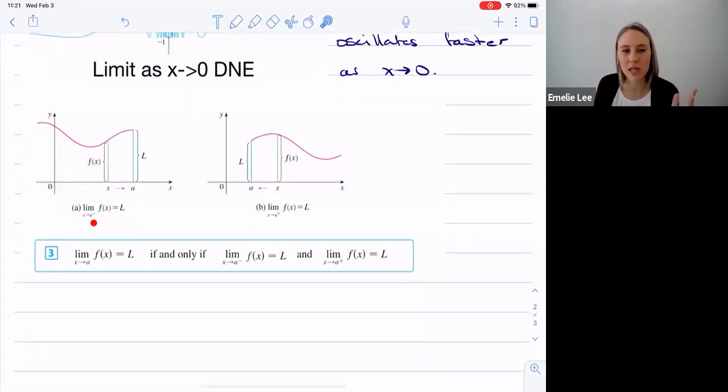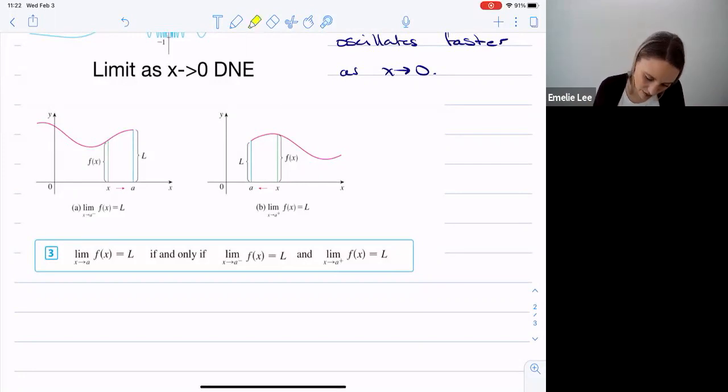So as x approaches a from the left, f of x is going to go to L. Typically when we denote the value of a limit, we'll use a capital L as a placeholder. And same thing if x is approaching a from the right. So here we're approaching a from both the left and the right.